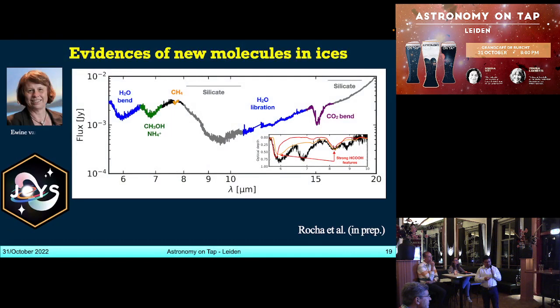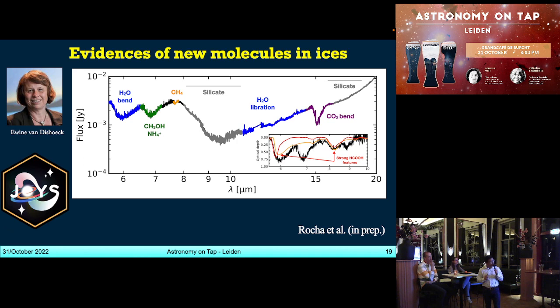So let's talk about JOICE. This is the spectrum of one of the protostars that we have. Here we have the absorption band related to water ice, and here another one that could be methanol and methane. This is the silicate, the dusty grain, and this is the CO2 band.